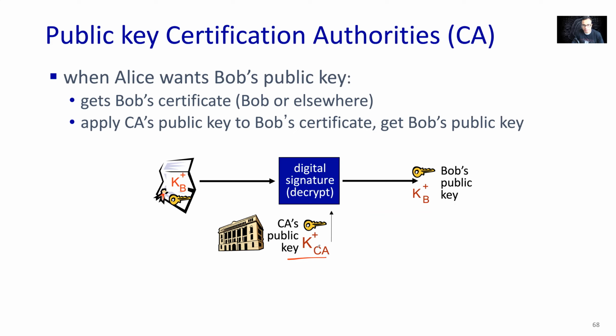And since this was signed using KCA minus, when she applies KCA plus to it, she can verify that this was indeed signed by this certificate authority, and then she can be assured that this is Bob's public key, because the certificate authority has done the check and affixed this certificate onto it. So that is a way for Alice to be assured that this was Bob's public key.